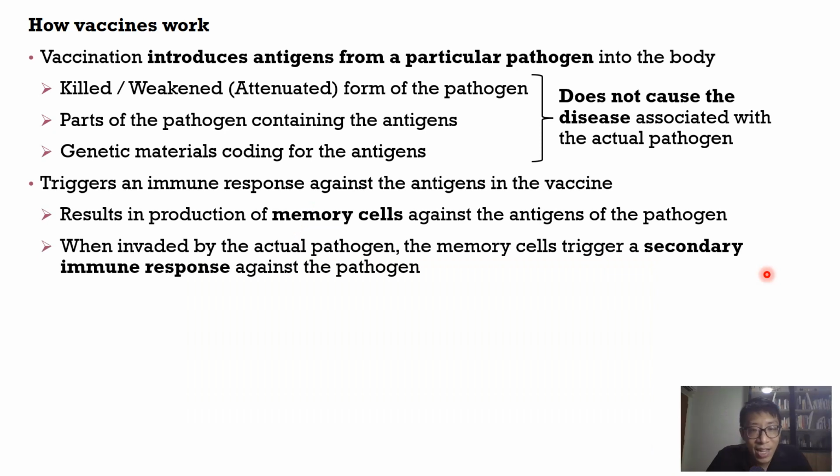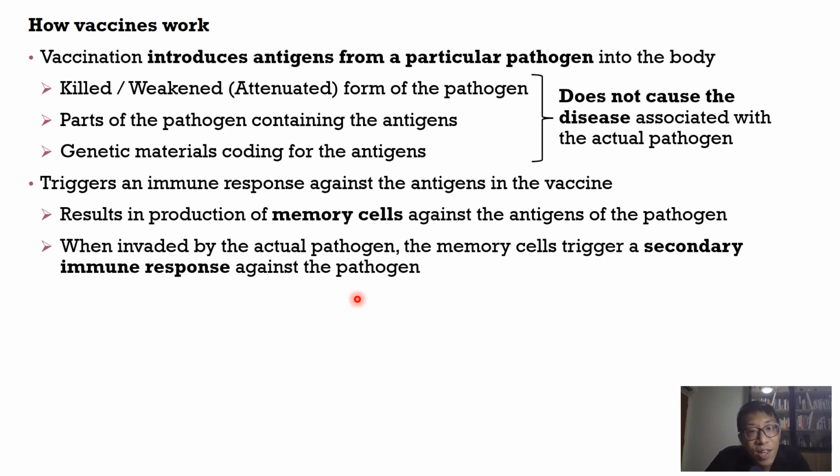So they can then trigger a secondary immune response if the actual pathogen invades our body, because the actual pathogen would have the same antigens as that of the vaccine, right? So the memory cells, memory B cells, for example, would be able to recognize the antigens on the actual pathogen and trigger the secondary immune response, and you learn that the secondary immune response is much faster and much stronger and lasts longer, right, than the primary immune response.